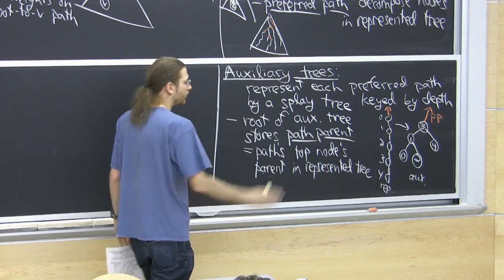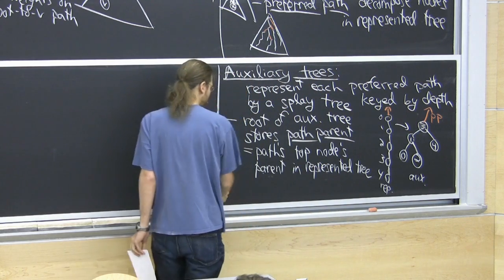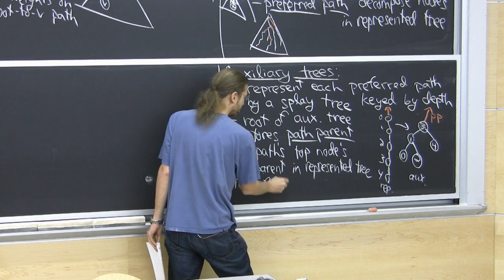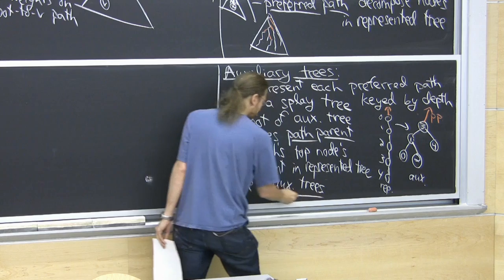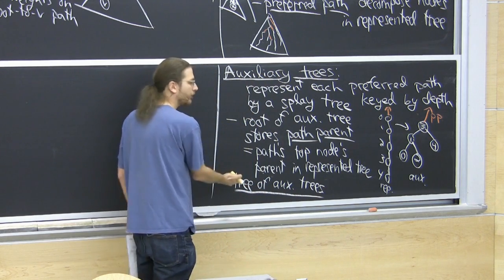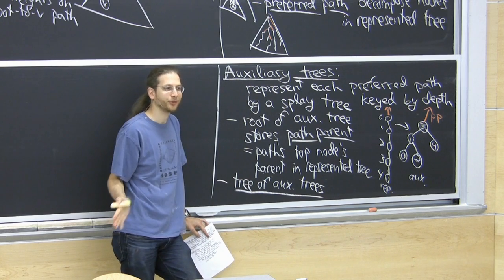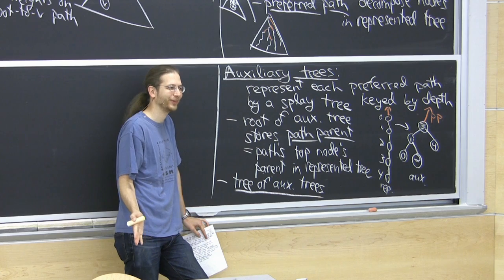Okay, now if I take all the aux trees plus these parent pointers, I get something called the tree of aux trees. And this is our representation. So there's the represented thing versus our representation. I'm not going to use the word representation because it sounds almost like represented.